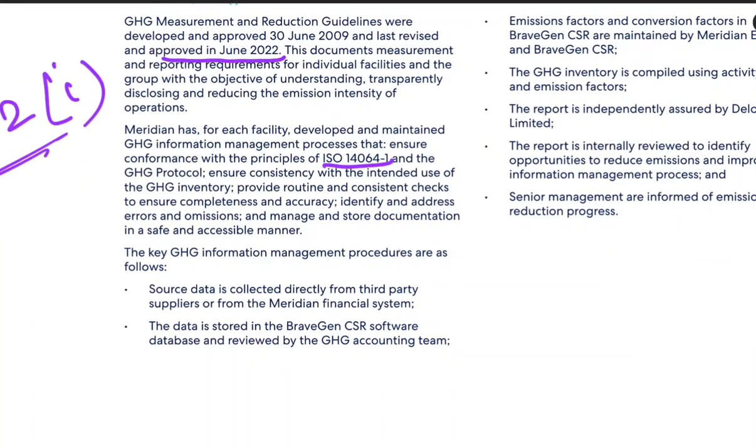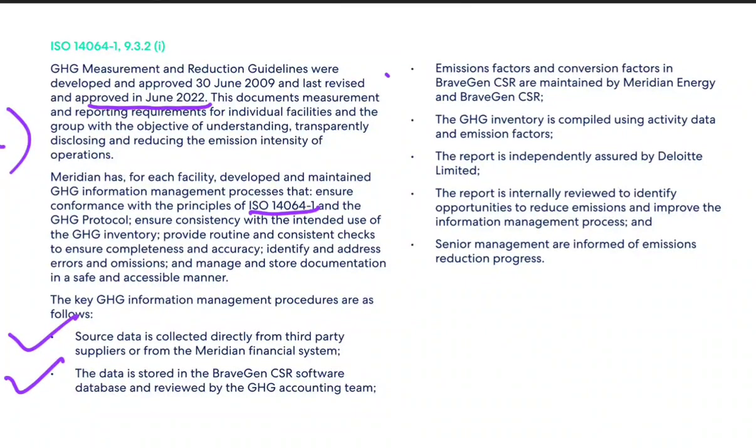The key information management procedures are sourcing the data, which is collected directly from third-party suppliers or from the Meridian financial system, and data is stored in a software database, and then emission factors and conversion factors are maintained by the group and in the software itself.